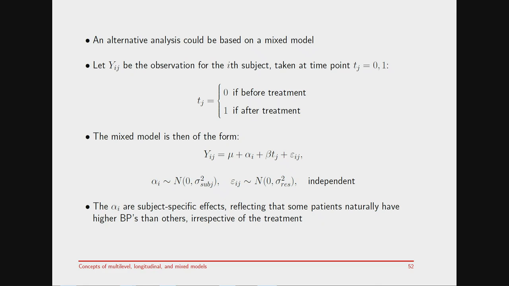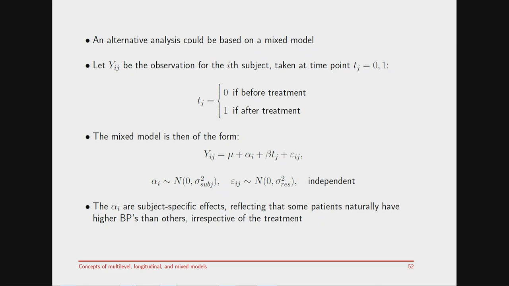And now note what happens when we did the paired t-test. What we basically calculated was yi1 minus yi2. That was this delta i.